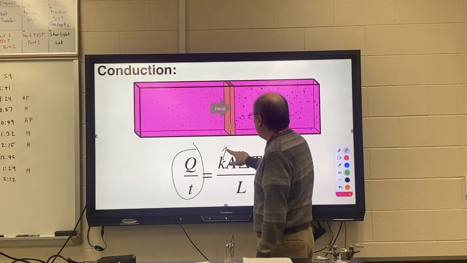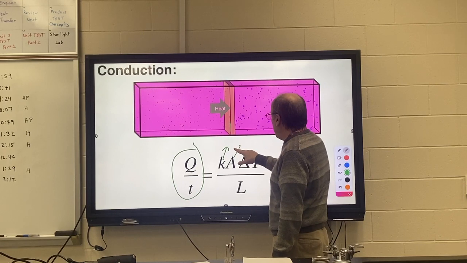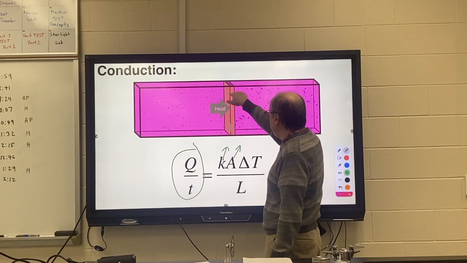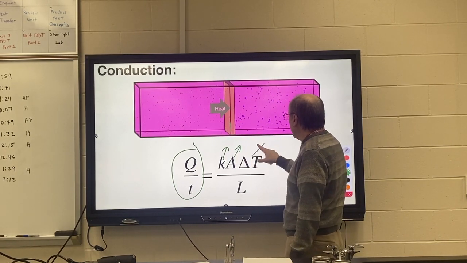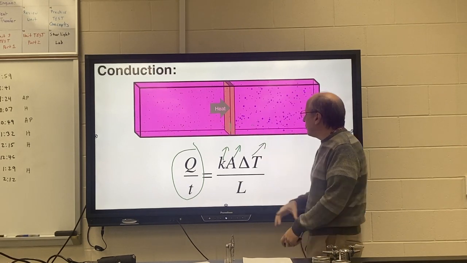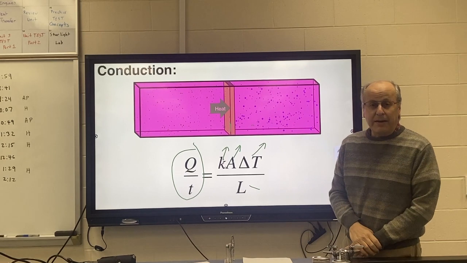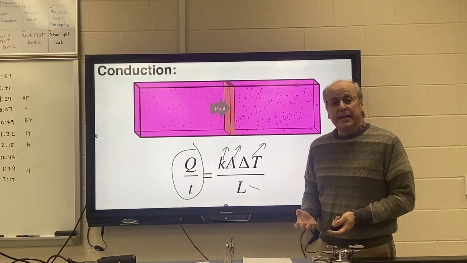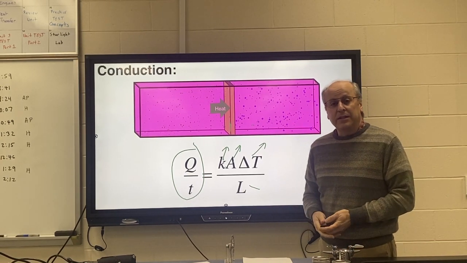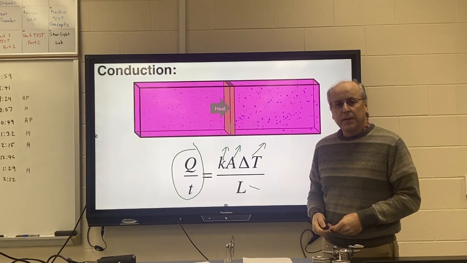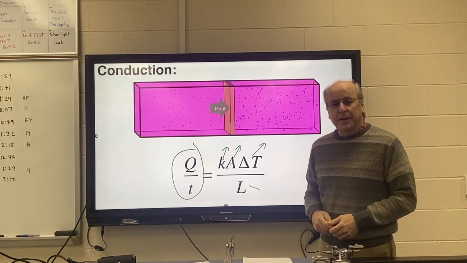This is based on what the barrier is made out of. How much area is there for the heat to go through the barrier? The difference between the temperature on the two sides of the barrier, and finally the thickness of the barrier. So these are all the ideas you want to make sure that you understand going into your test that's coming up very soon.